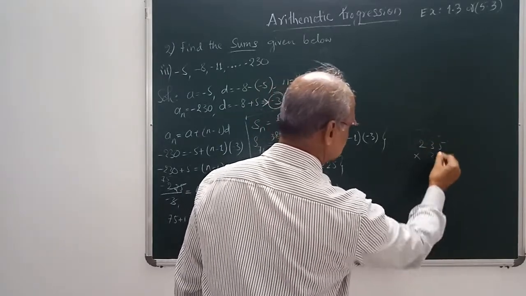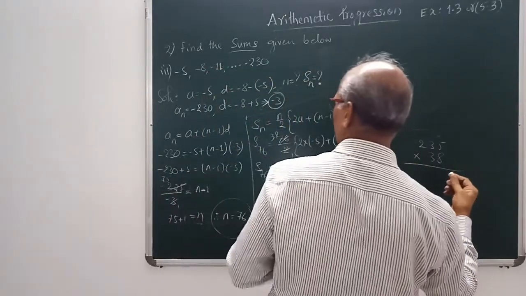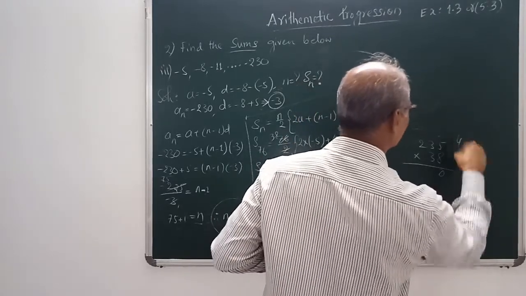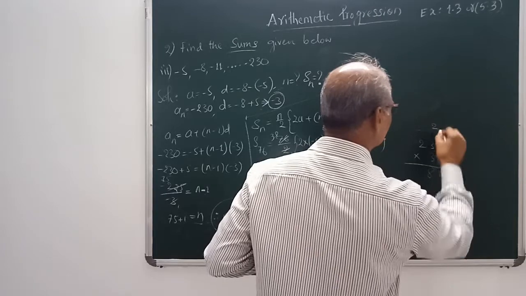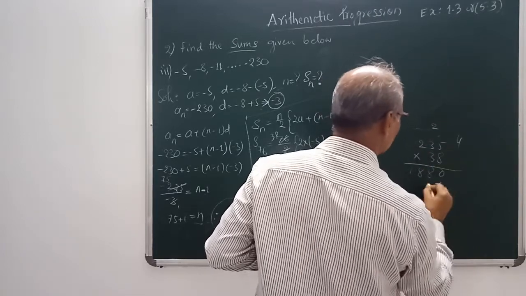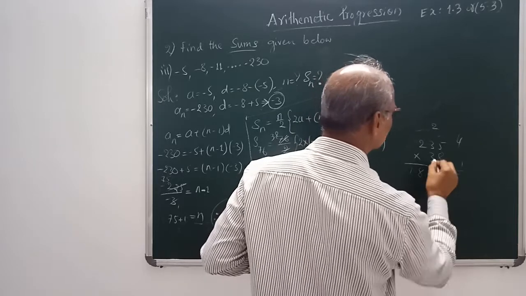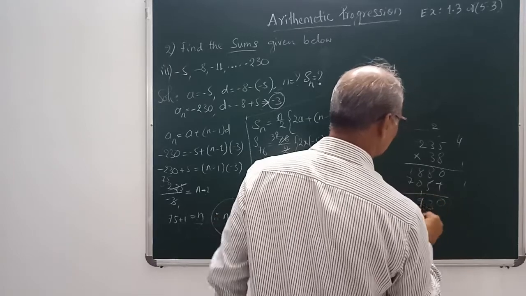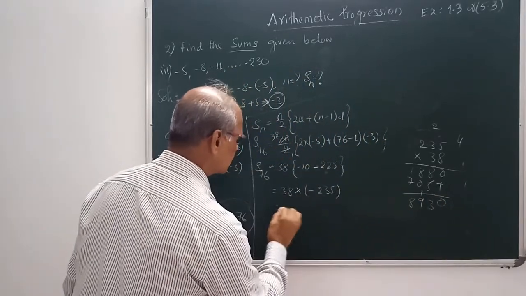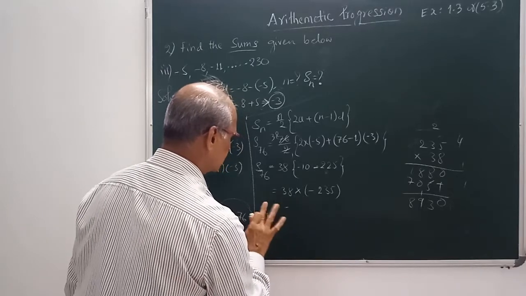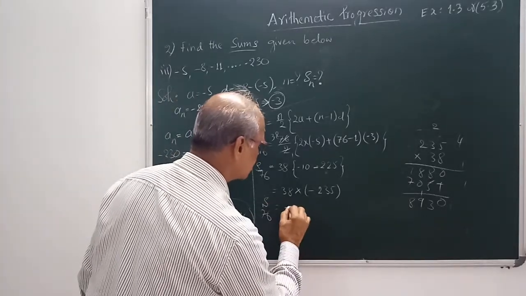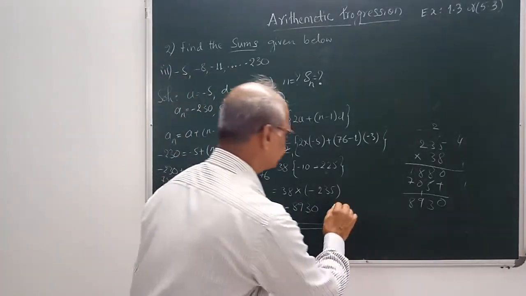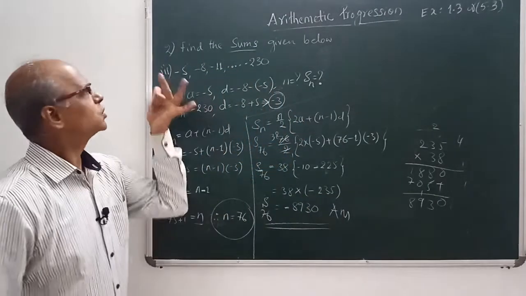Check the answer. 8930, minus. This is your answer, right? So second main is over.